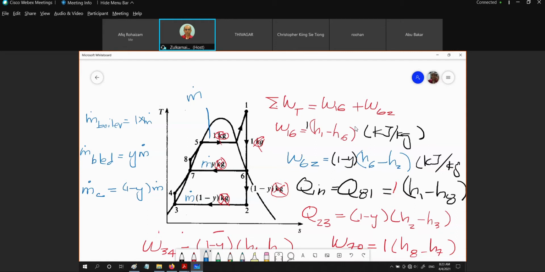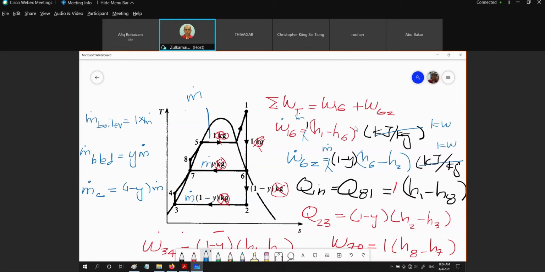And if we put the mass flow rate in our equation, let's say we put the m dot right here, this becomes W dot, and this we will get in kilowatt. Again, for the W62, if you put here m dot, then this becomes W dot, and this will be in kilowatt.